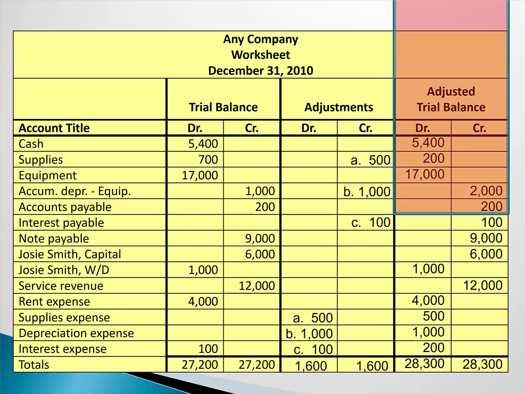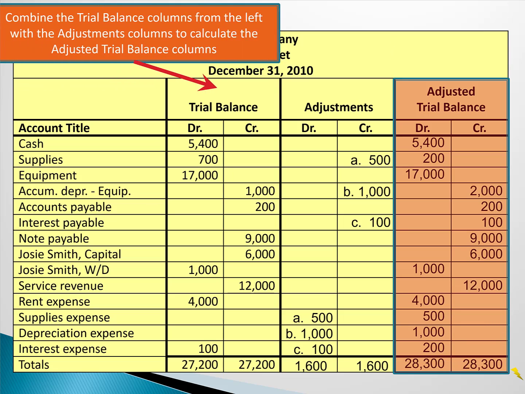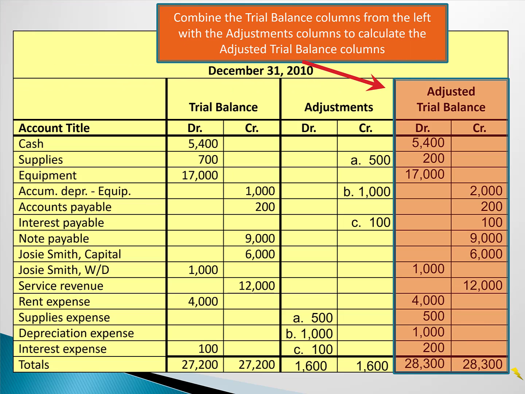And once the adjustment columns are done, we now update the balances of each account in the adjusted trial balance columns. So notice cash before was 5,400 and there was no adjustment, so it's still 5,400.